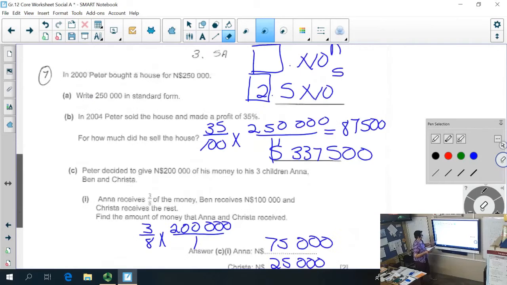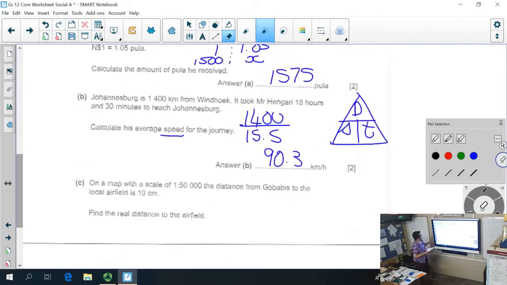Right, number C. On a map with a scale of 1 to 50,000, the distance from Gobabis to the local airfield is 10 centimeters. So it means, again, it's going to be with missing terms. So you have to multiply there with bottom divide by top. But they don't say if we have to give it in kilometers. Oh, the real distance, so it will probably be in kilometers. So if I multiply 50,000 now by 10, then I get 500,000.